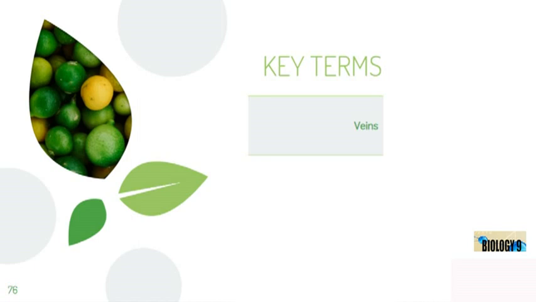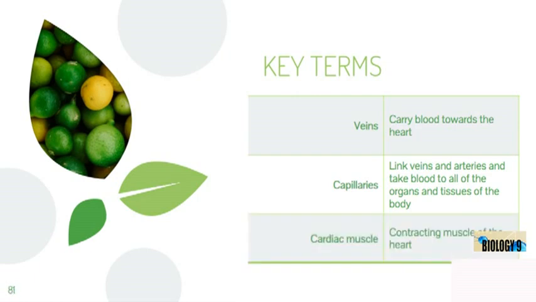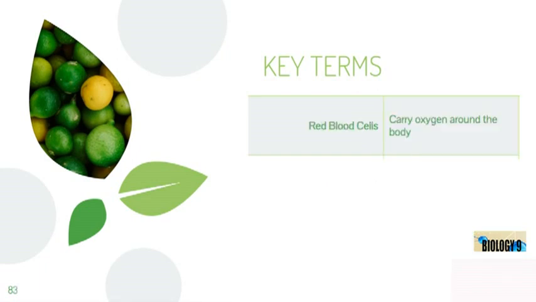All right, key terms. Veins: remember, the veins carry the blood back towards the heart at a low pressure. Capillaries are what link veins and arteries and take blood to all of the organs and tissues of the body. Cardiac muscle is the contracting muscle of the heart. Red blood cells carry oxygen right around the body.